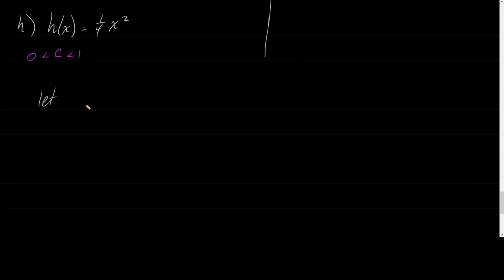Let's say we had, let f of x be equal to, let's do the square root of x again. And in here we're going to say let g of x be equal to 1/5 times the square root of x.